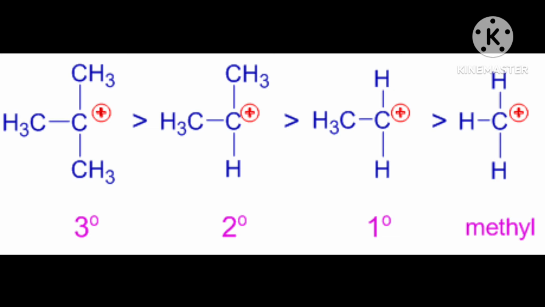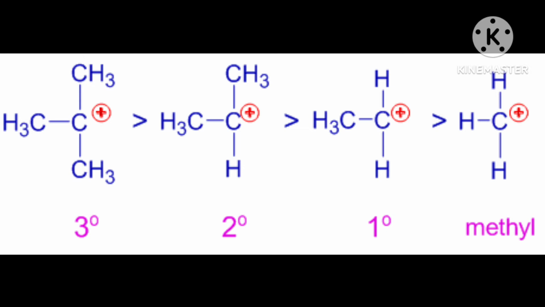This you have to remember. Top is fluorine, second is oxygen, third is nitrogen, fourth is chlorine, fifth is bromine, sixth is iodine. Then sulfur, in comparison to carbon, is more electronegative.